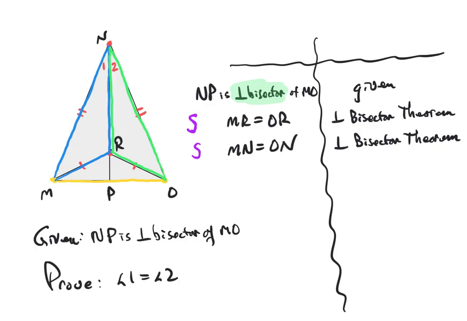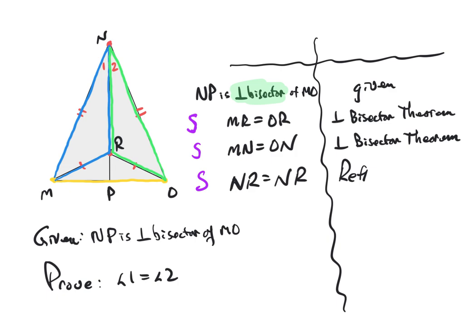So to prove the triangles are congruent, we'd either need an angle or another side. And it's very easy to get the other side because there's a shared side between the triangles. So we could say then that NR in the blue equals NR in the green.